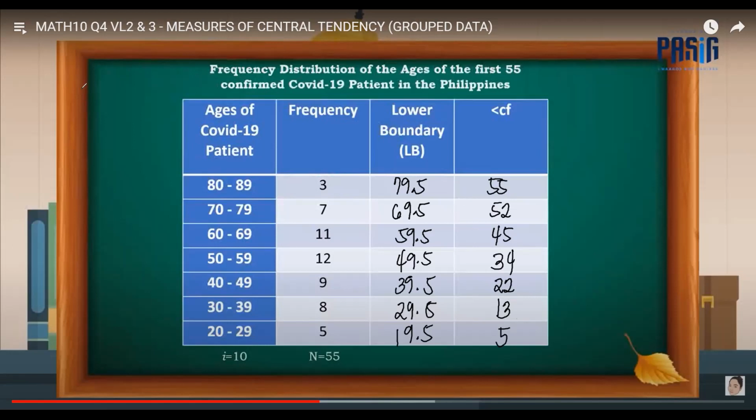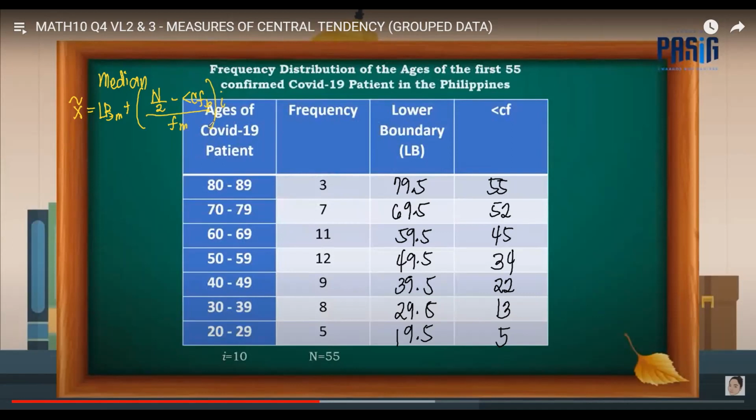So ano yung formula natin for the median? Our median is equal to lower boundary of the median class plus n divided by 2 minus the cumulative frequency less than or below divided by the frequency of the median class times.